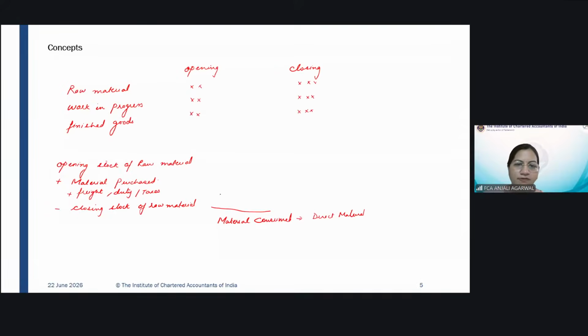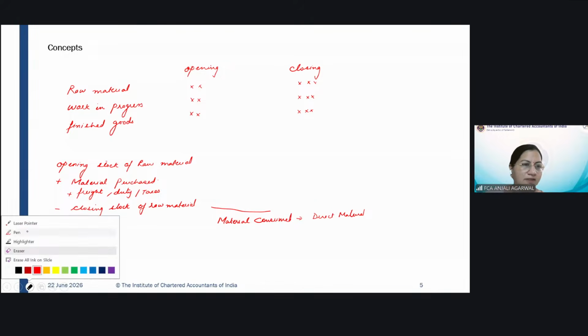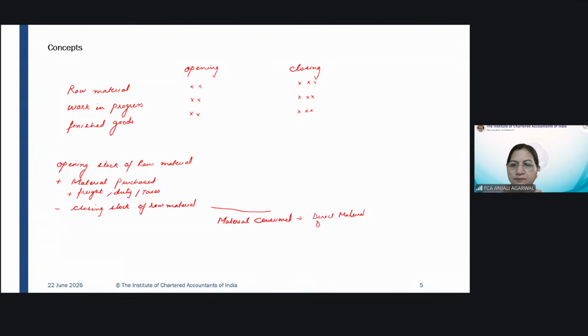So once you have the opening and closing stocks of raw material adjusted and you get to the raw material consumed, then you add labor and direct expenses. And then you end up getting the prime cost.